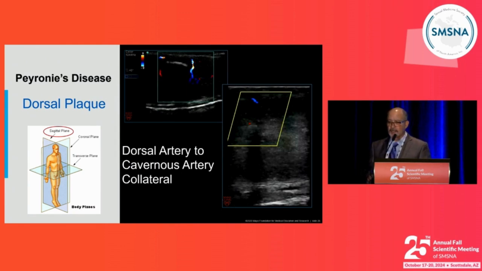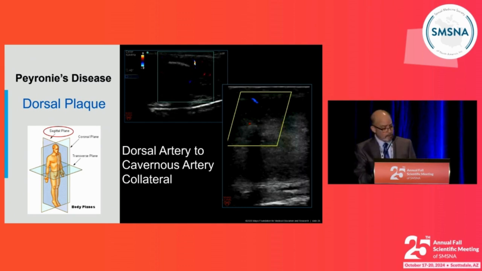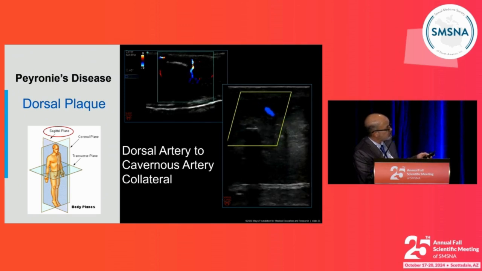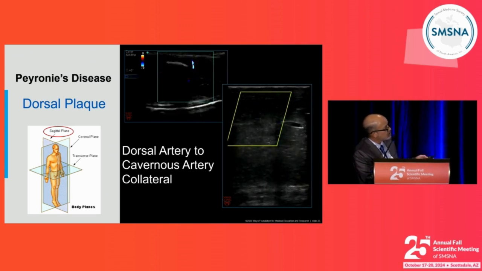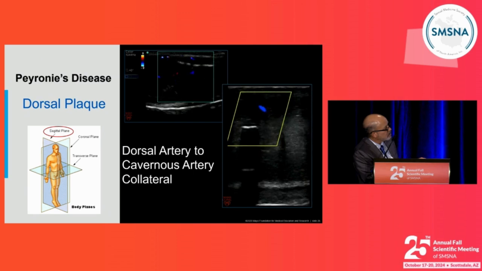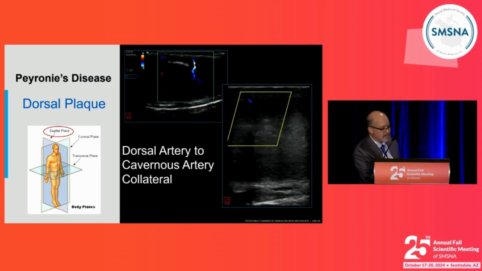Dorsal plaques. Now, we all know that in plaque incision and grafting, or even simply patching without excising a plaque, that you have to mobilize the neurovascular bundle. What I'm showing you here is a dorsal artery to cavernous collateral that dives right through the plaque. And in this picture, the plaque is a little bit more proximal by a centimeter or two, but you're still going to need to mobilize that collateral.